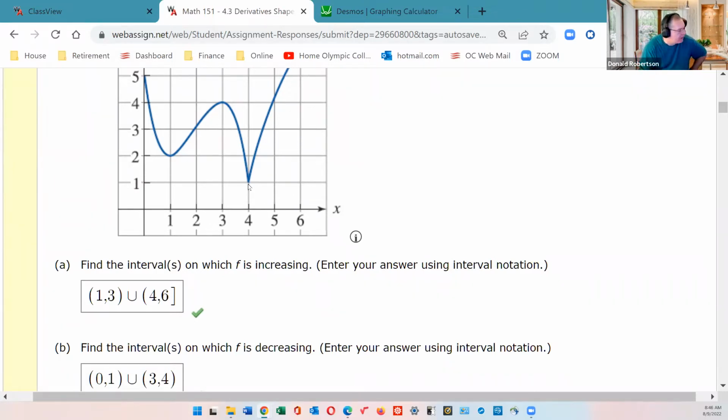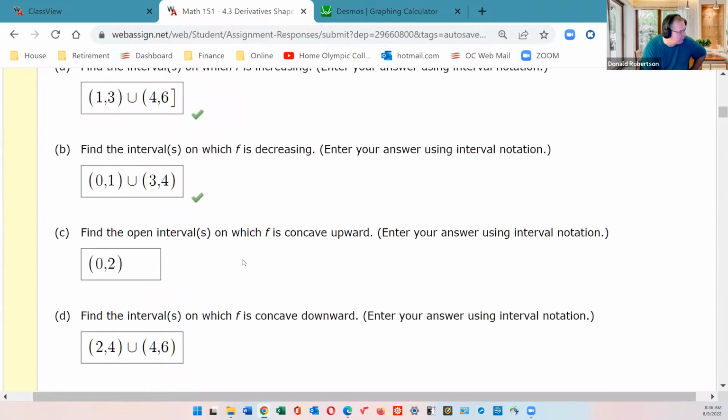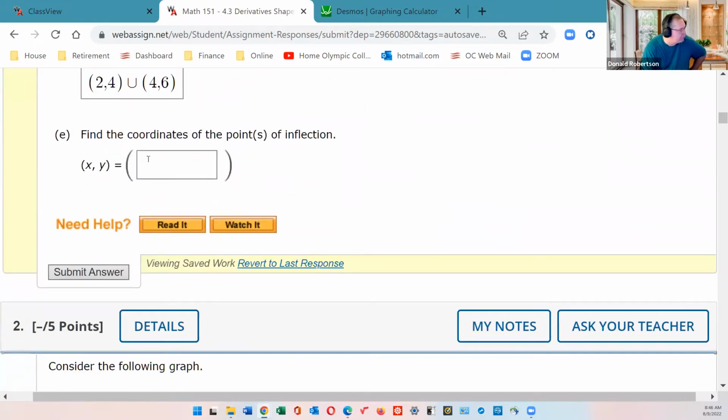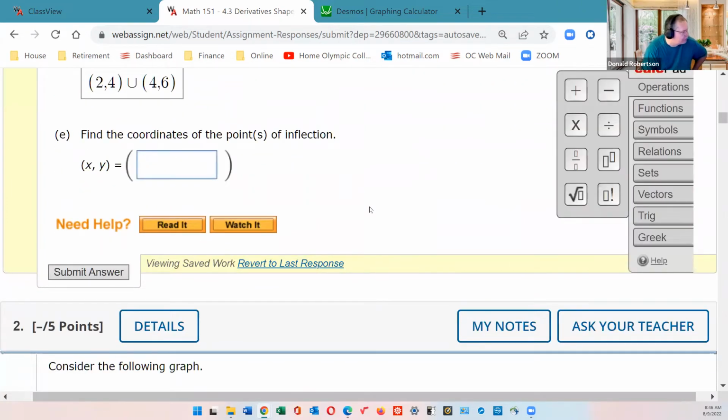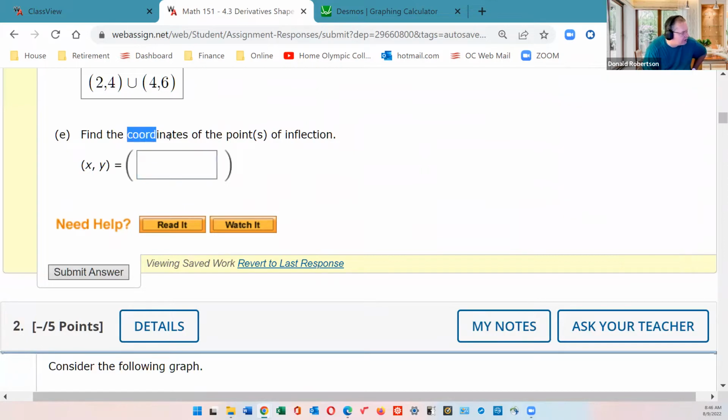And that can happen. Now, would you agree that there's a point of inflection? A changeover. That's what a point of inflection is. At x equals 2 and another one at 4. So find the coordinates of points of inflection. The key word here is coordinates.